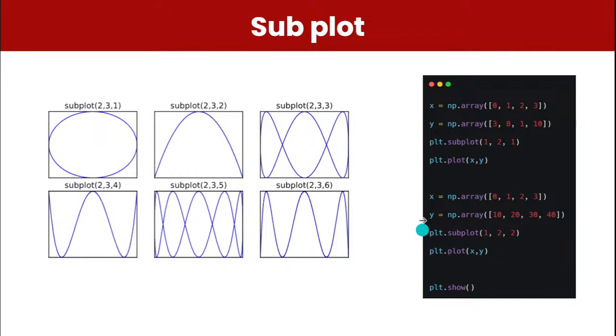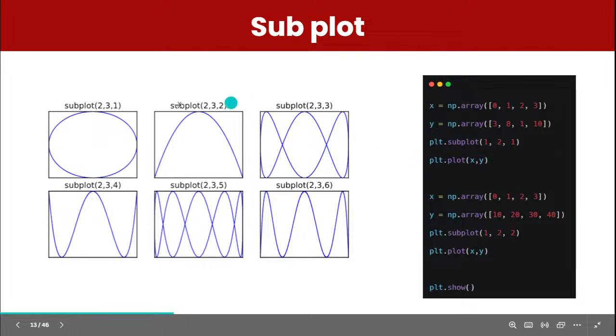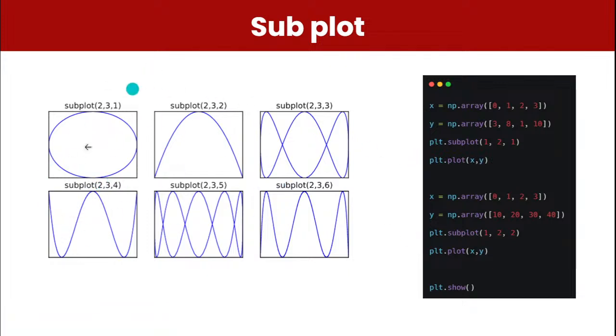So how is it declared? Just ignore the right side and consider the left side image. I have 6 images, 3 at the top and 3 at the bottom, with some numbering: 2, 3, 1; 2, 3, 2; 2, 3, 3; 2, 3, 4; 2, 3, 5; and 2, 3, 6.